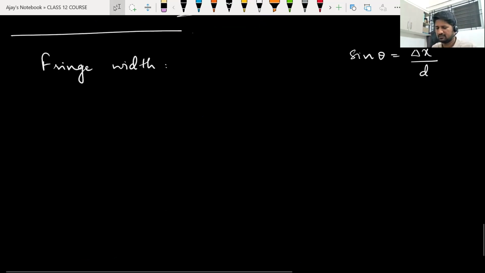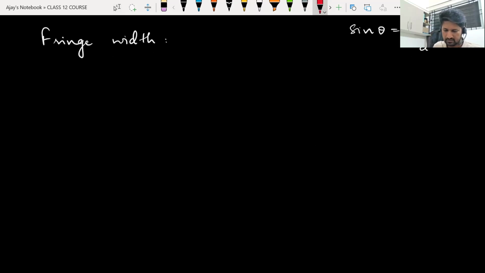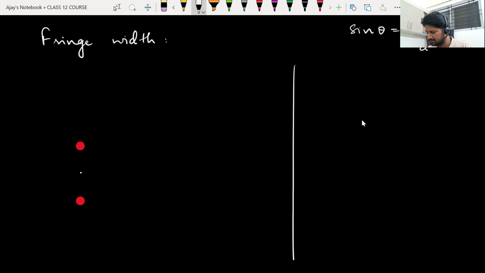Okay, let me discuss fringe width now. Suppose these are the sources, S1 and S2, and at a certain distance from the sources, let's say you have placed the screen.